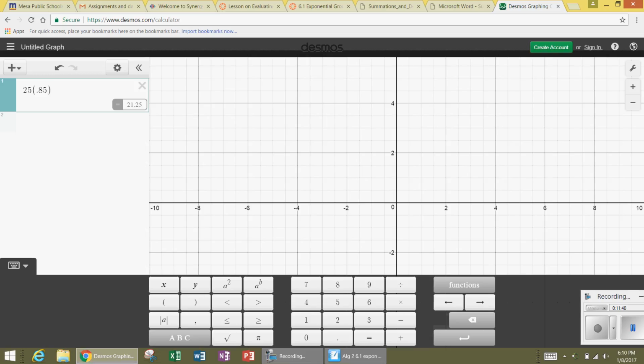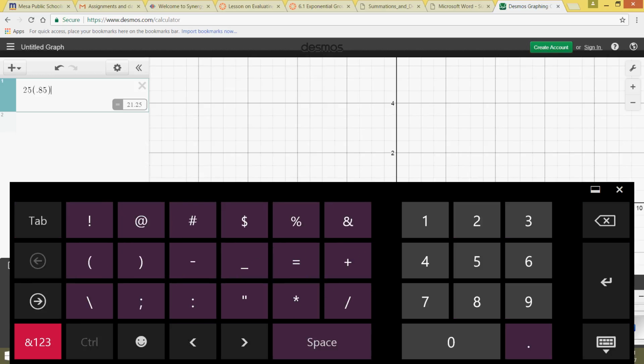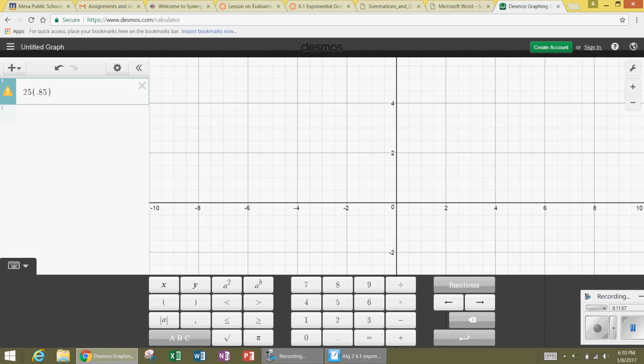So I need to use shift 6 here for my exponent spot, that little caret, to the x power.